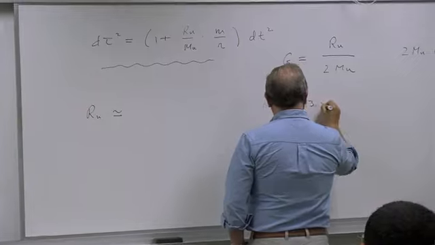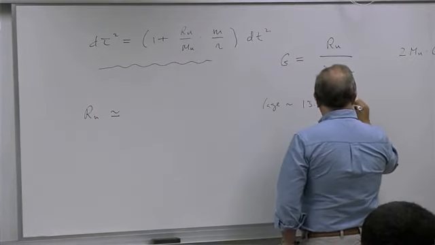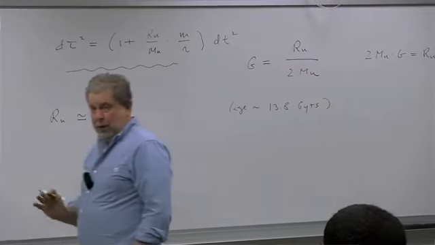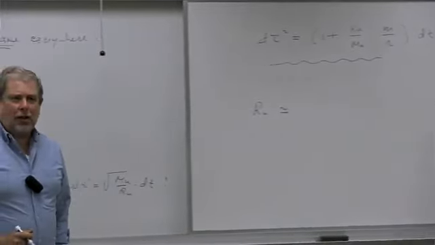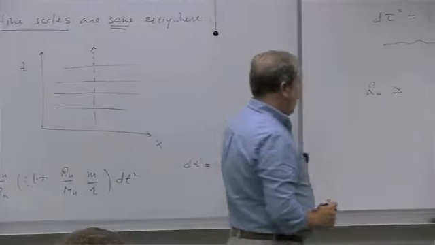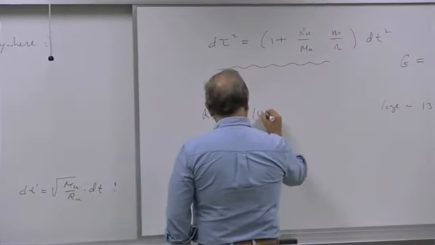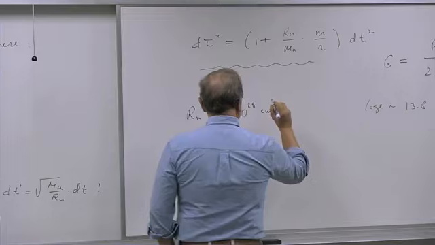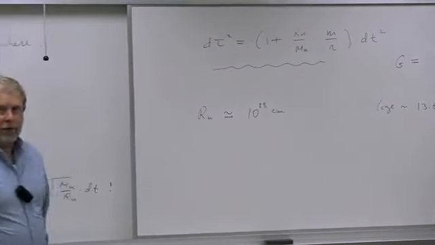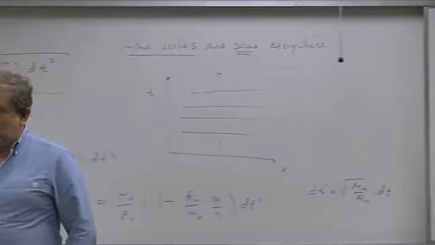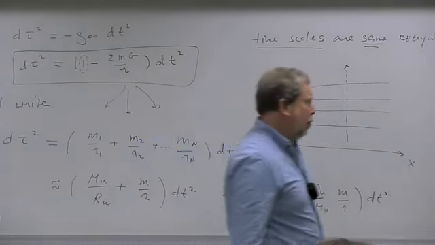So the age is about 13.8 gigayears. I suggest that you do this as an exercise and verify that this is indeed in the right ballpark. This will give you about 10 to the 28 centimeters. We're using particle physics units. An astronomer will probably not use centimeters, but we will.